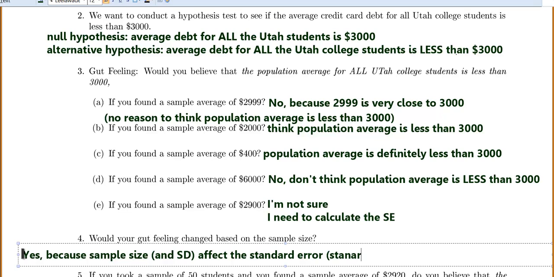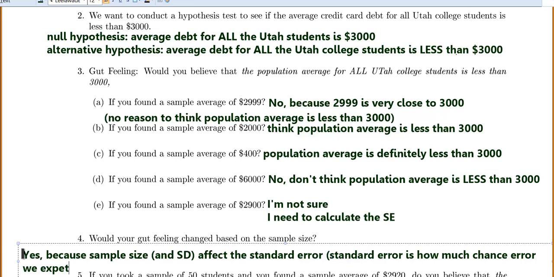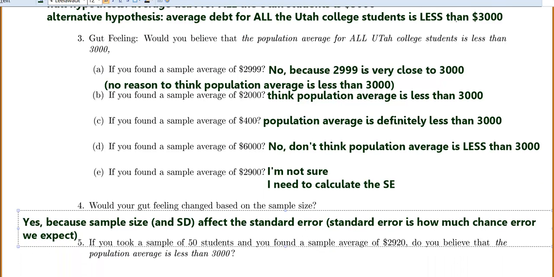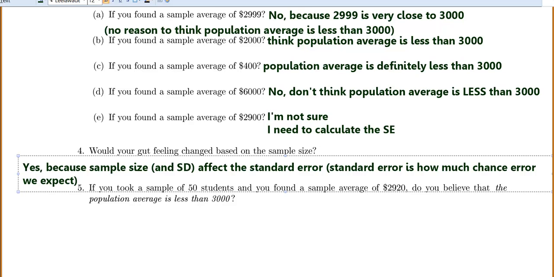And standard error is how much chance error we expect. So since the sample size affects how much chance error you expect, yes, that would affect my gut feeling. To answer these kinds of questions, we do want to know what the standard deviation is and also the sample size so that we can calculate the standard error.